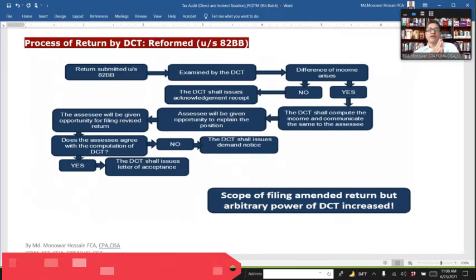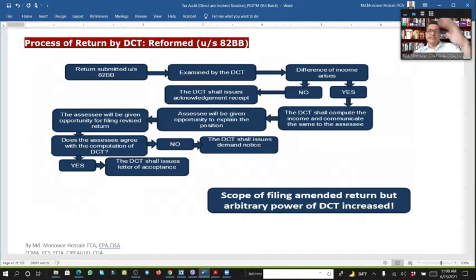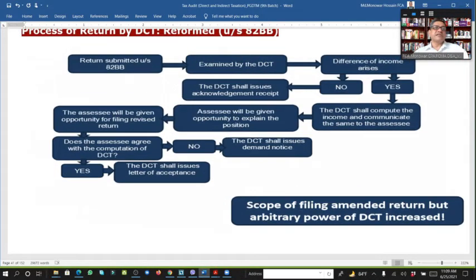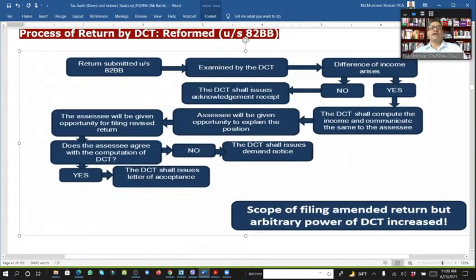That tax can be payment for last year and this year's deduction also, equivalent to the cash inflow of this year, how much money I have received from our income. So this is the back calculation and process of return by the DCT. For return submission under section 82B, the DCT examines whether a difference in income arises. If no, then the DCT issues an acknowledgement or receipt.